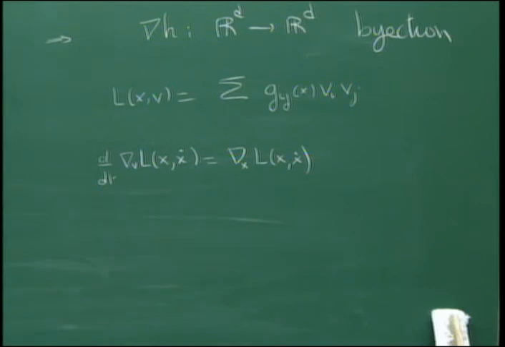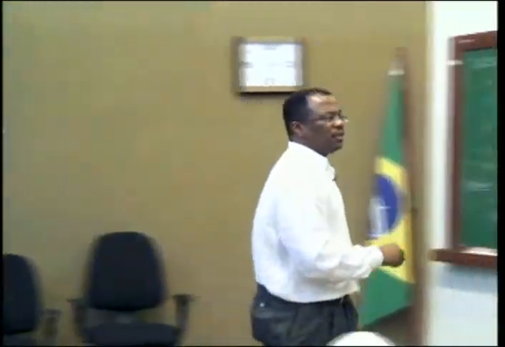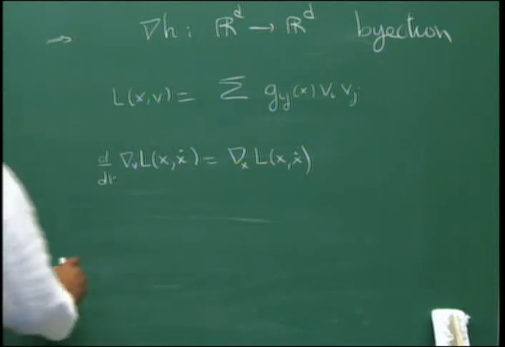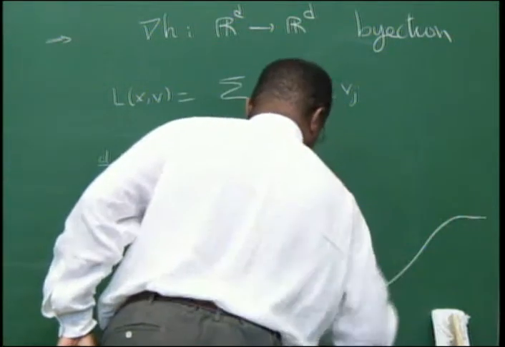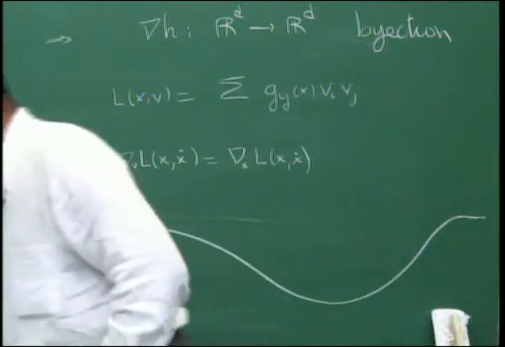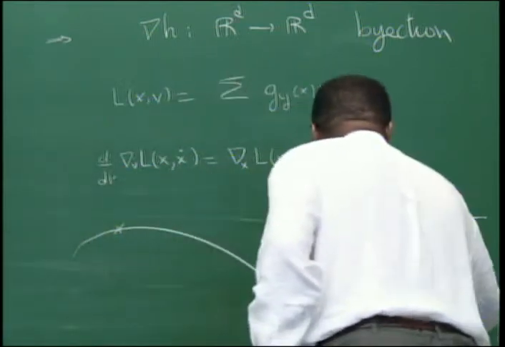One can show that if you take any 2 points, so this is my curve x, then I choose any arbitrary 2 points on my curve.